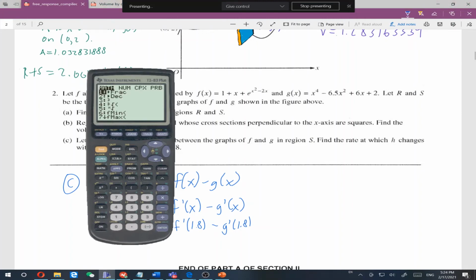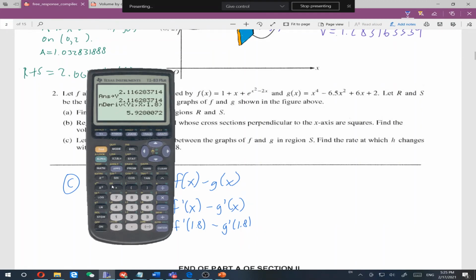Okay, so if you have math, your 8th option down is a derivative. So I'm going to derive variables, y variables, function y1 is our f again, in terms of x at the value 1.8. Okay, and we'll store that as y. Okay, then we'll do the same thing for g. So I'm going to hit second entry twice. That'll bring back what we typed in last time, and I'm just going to change this y1 to y2, deriving y2 in terms of x at 1.8.